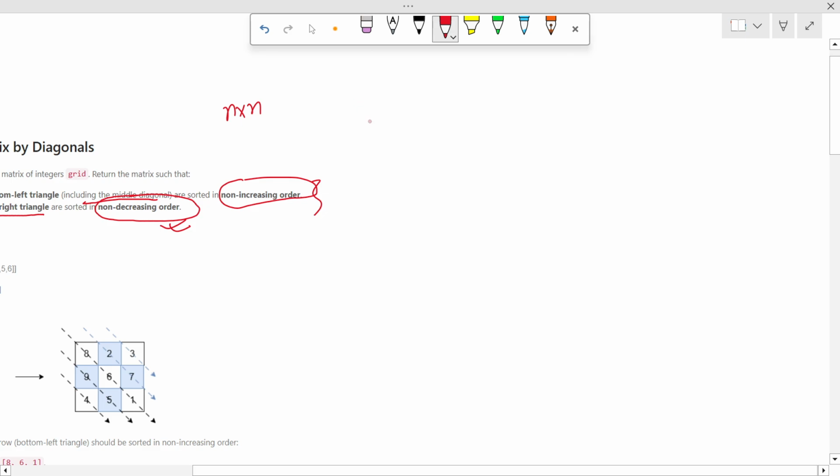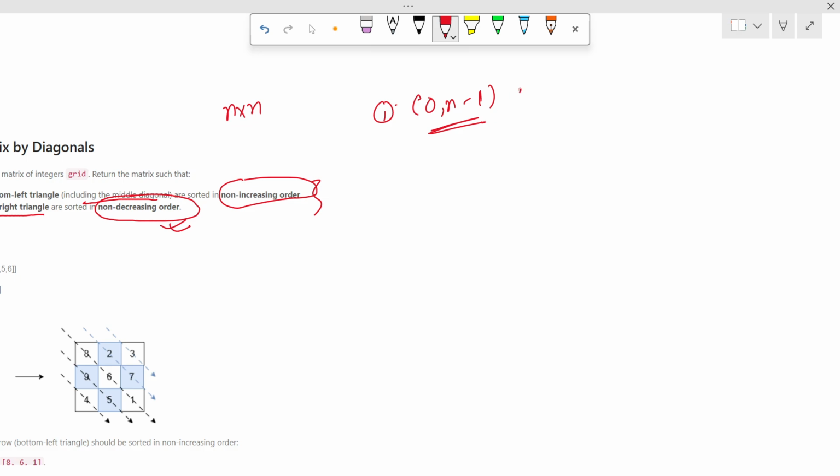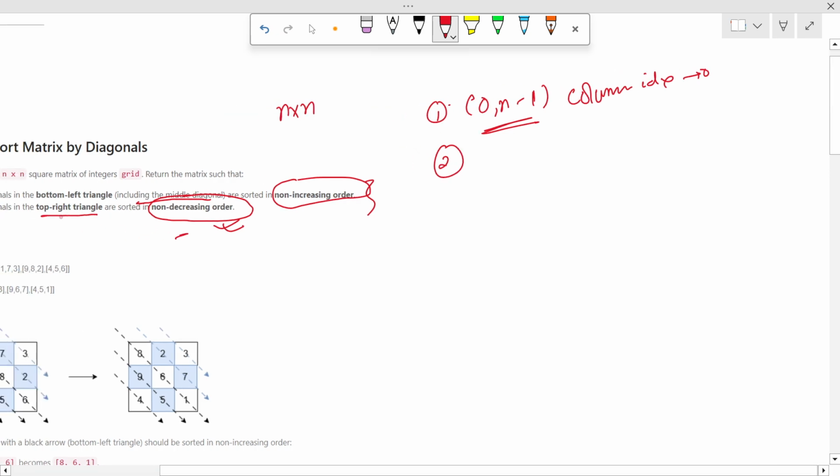First we have the bottom left triangle, which includes the middle diagonal. It includes the diagonals starting from indices 0 to n minus 1, where the column index is 0. The same goes for the top right triangle, which is sorted in non-decreasing order.